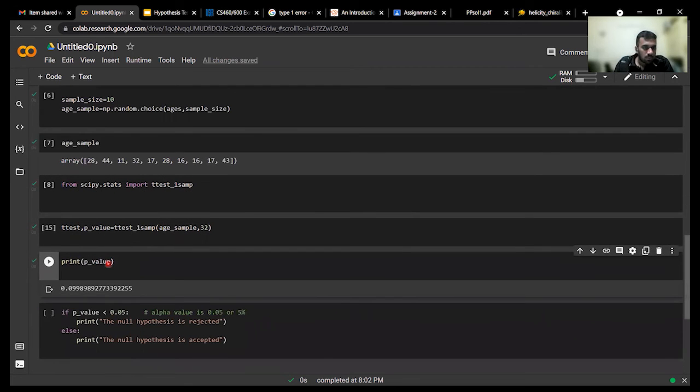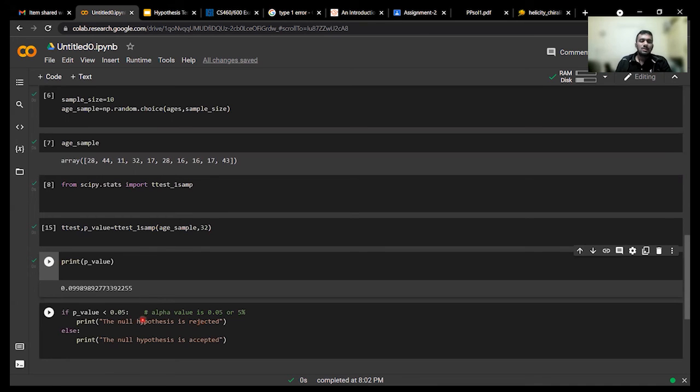We get the p-value to be 0.09989. As we discussed earlier, 0.05 is the significance value taken as a benchmark. You can change it also.